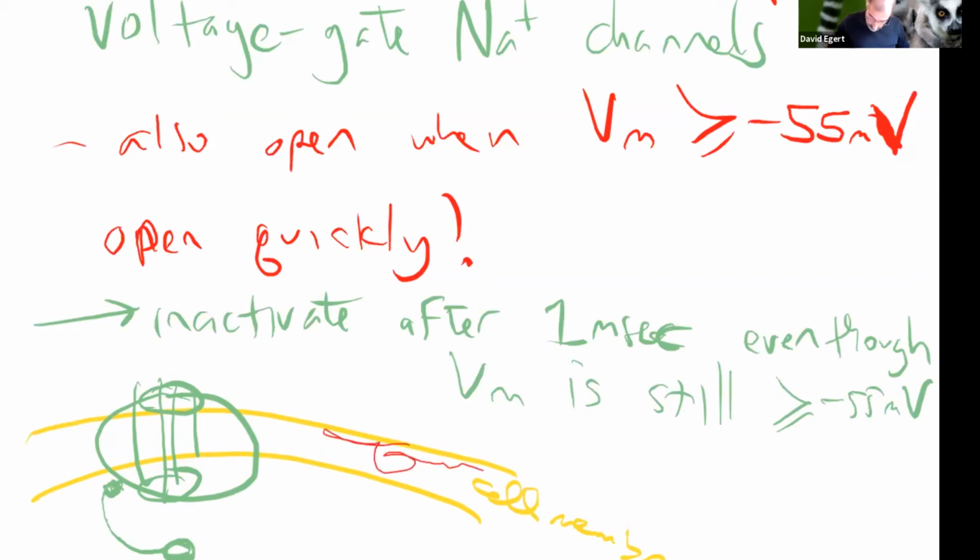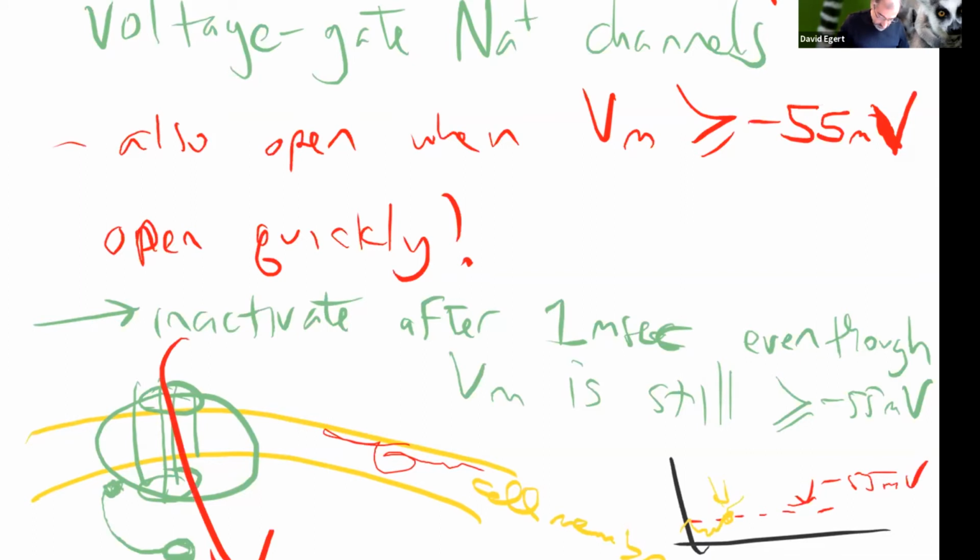So the basic idea here is, let's say the membrane voltage is going up and down. Here's our threshold. The membrane voltage gets above here, we've hit threshold. Sodium rushes in because these things have opened. But after 1 millisecond, there's this other part that just blocks it.